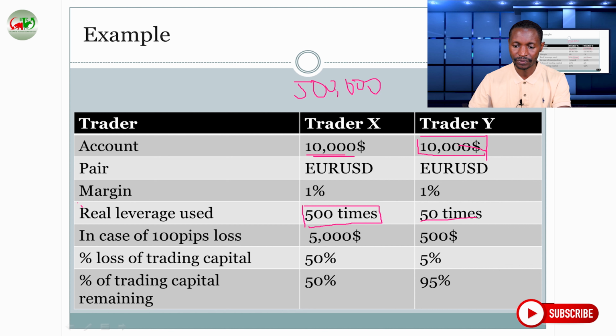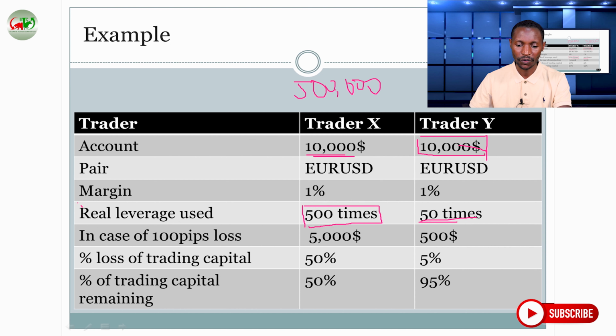He decided to go 50 times his capacity, so this is $50,000 instead of $500,000. Let's say the market goes 100 pips in a loss.